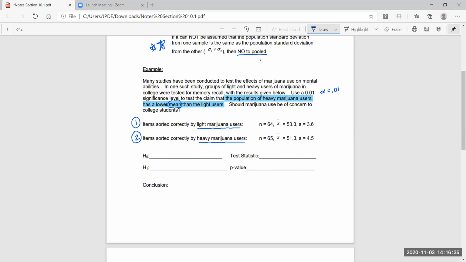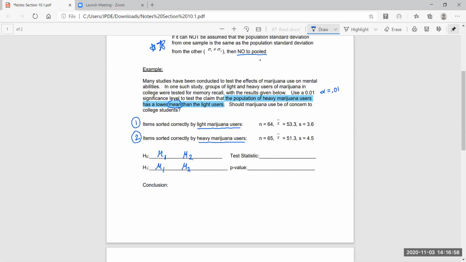okay. We're comparing means. So we're going to have the mean from the first group and the mean from the second group. And the same thing down here. The claim says that the heavy marijuana users have a lower mean.